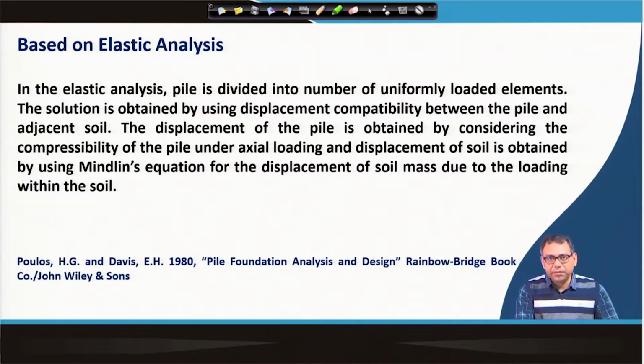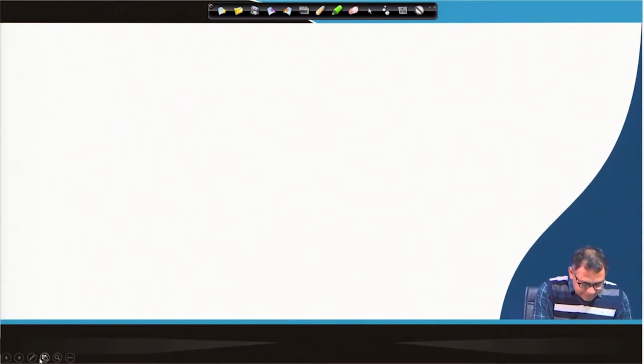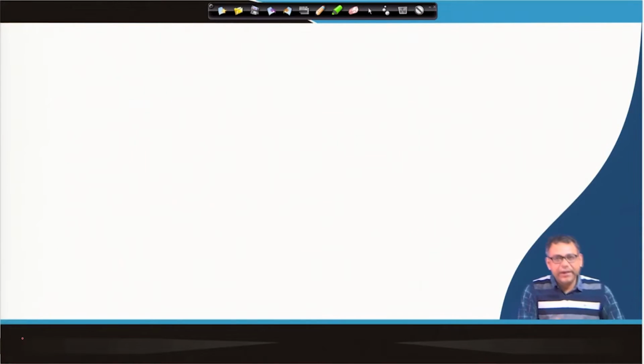In this method, we can determine how much load is transferred to the pile tip when we apply a load on the pile top.